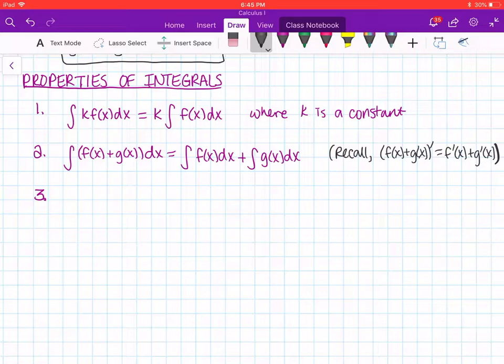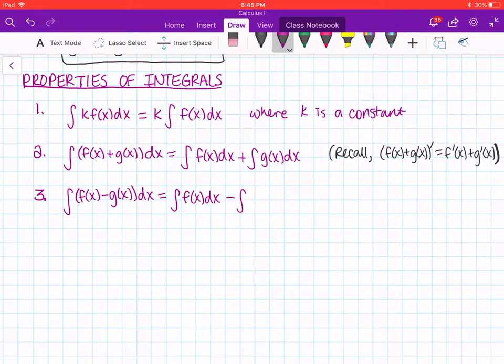So that's the same story here, and it's really nice. Also, if you go to subtract, that's just the integral of the subtraction. Okay, and same story there.